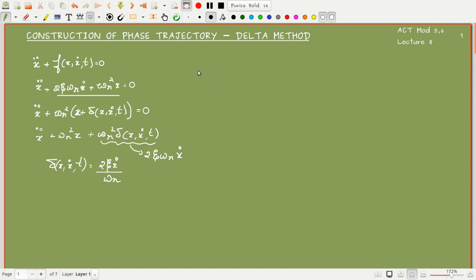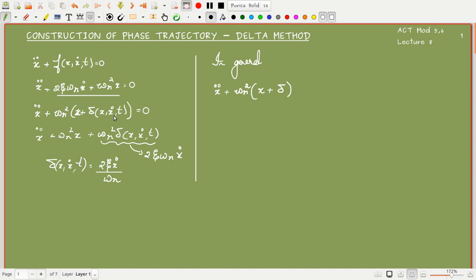In general, in order to use this kind of method, the system equation has to be written in this form: omega n squared into x plus delta.